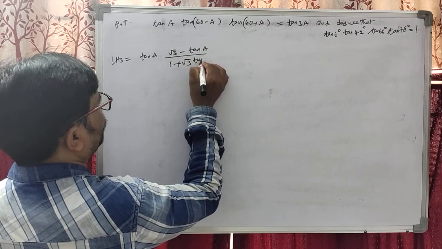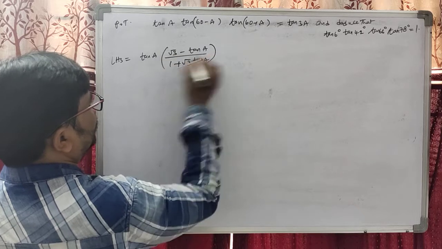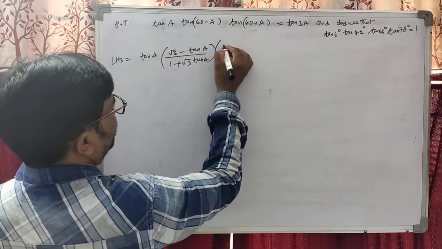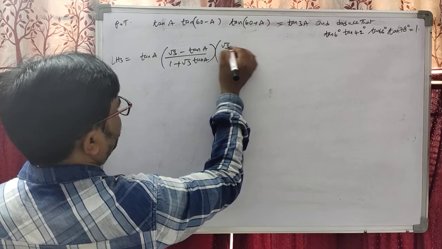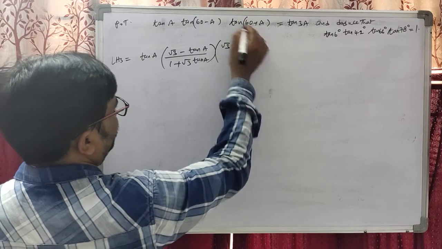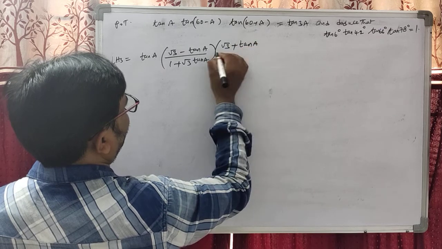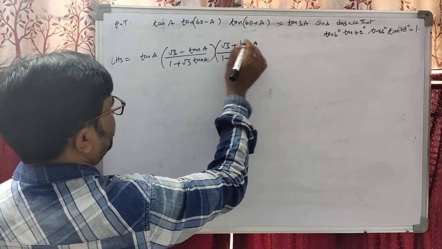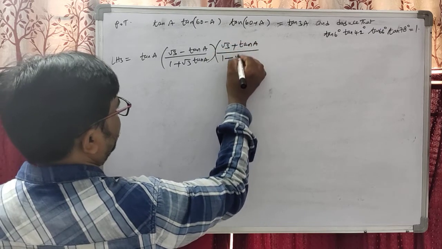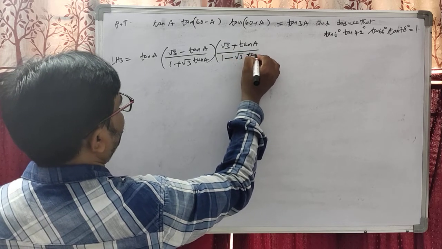And tan(A plus B) = (tan A plus tan B) by (1 minus tan A tan B), so tan(60 plus a) is (root 3 plus tan a) by (1 minus root 3 tan a).